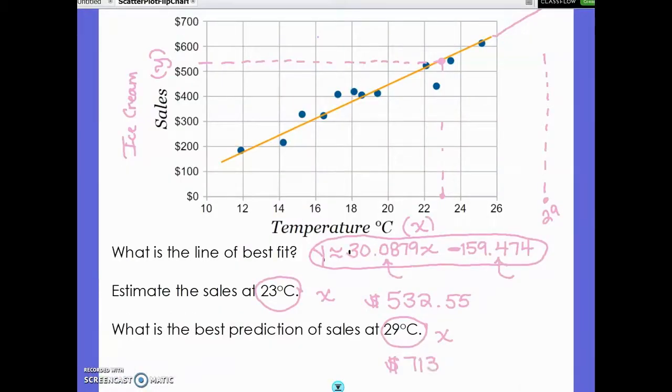What that's saying is when my temperature is 29 degrees Celsius, my sales will be about $713.10. That's what it looks like when we have a linear model. We have that constant rate, that data trending in a linear pattern, a line. That's the main difference for our linear function.